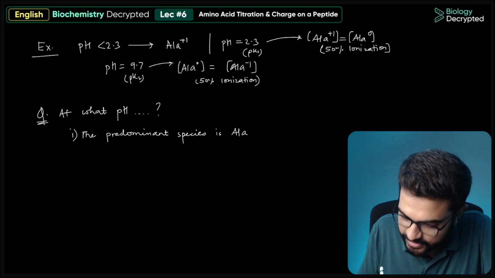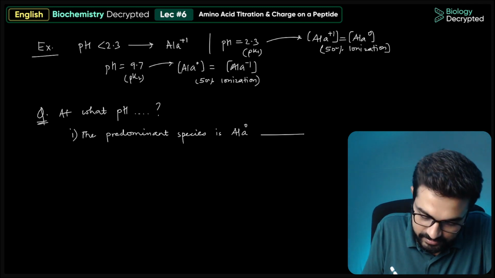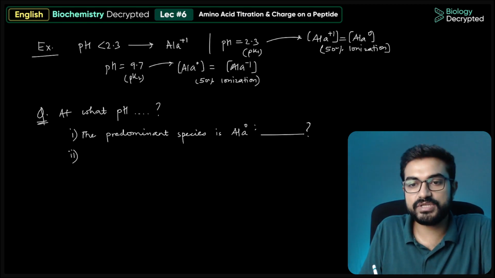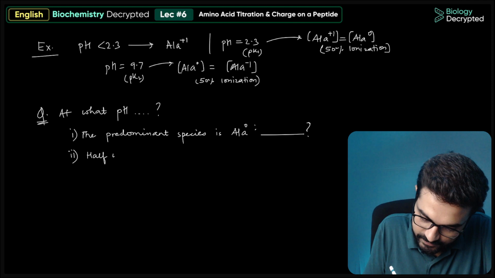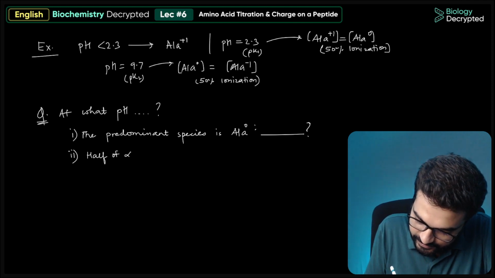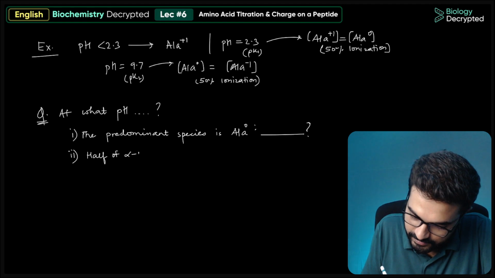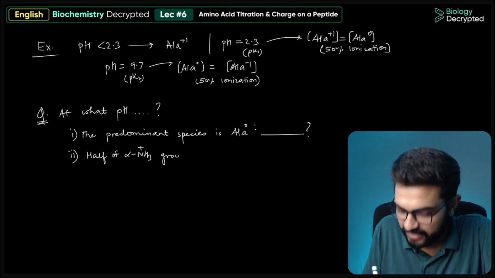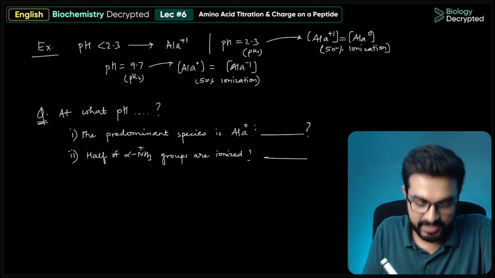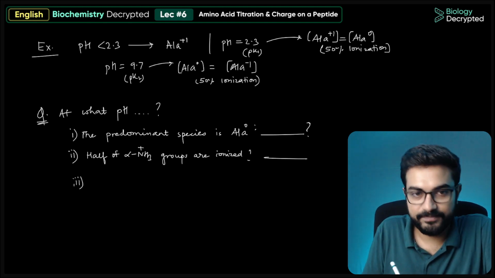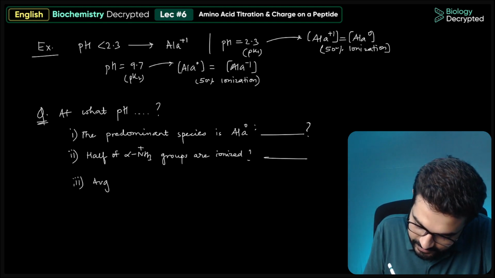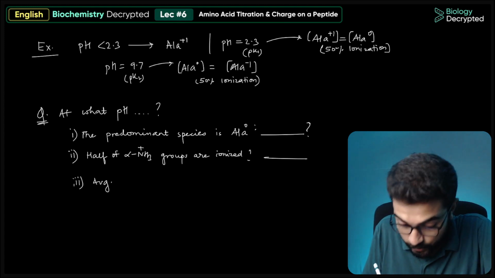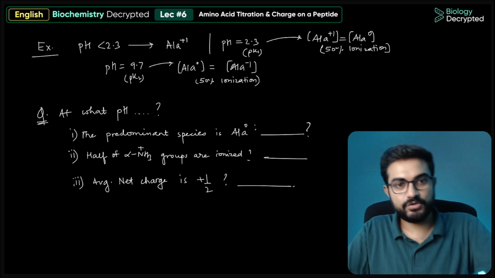So this is your first question. The next question: half of the alpha amino groups are ionized. At what pH? And the third one: the average net charge is plus half. At what pH? So this is your third question.